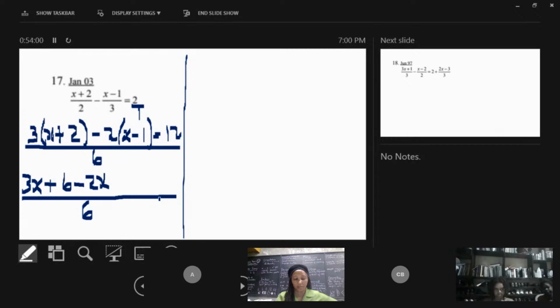So negative 2 times negative 1 is a positive 2. Okay, so we put like terms together, which means we choose the 3x minus 2x and the positive 6 plus the 2 is equal to 12.